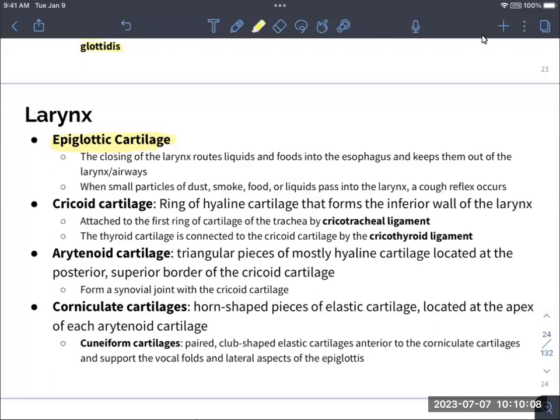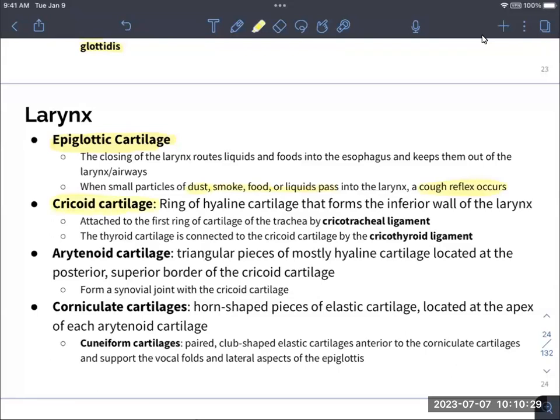Sometimes some particles can get down in there: dust, smoke, or even food or liquids. This is what causes the cough reflex, to try to expel it back out of the larynx.